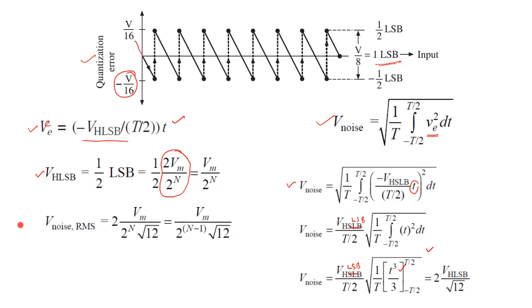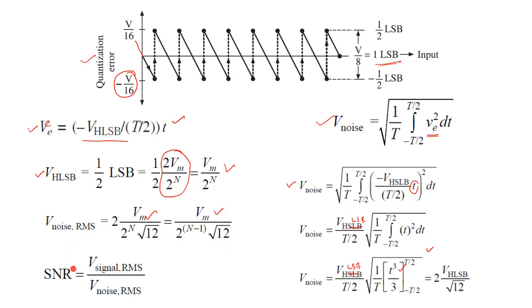So, now your V noise RMS will become this. That is twice of Vm, because V_H LSB is nothing but Vm by 2 to the power n. Just by substituting that here, we will get this expression. Now, it will become Vm by 2 to the power n minus 1, times square root of 12, right.